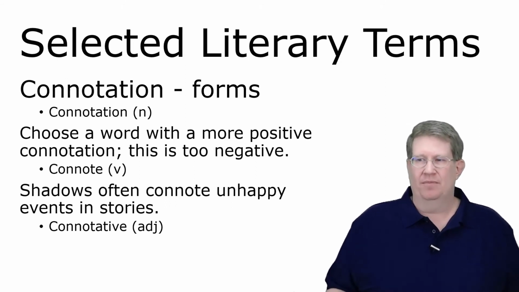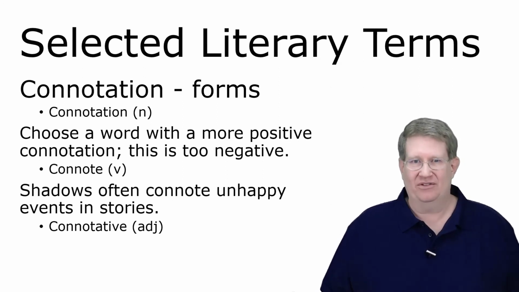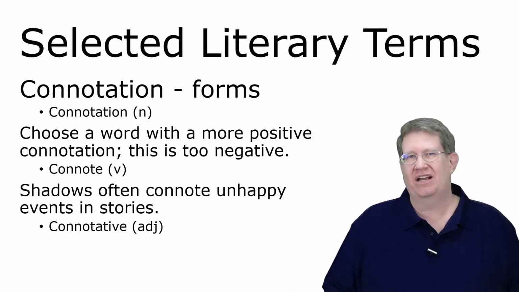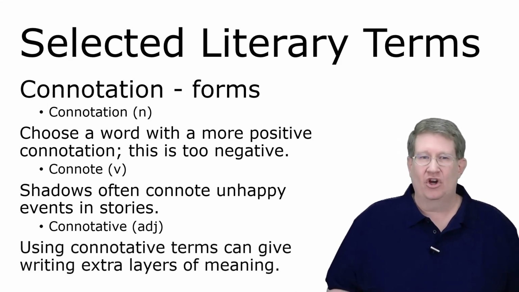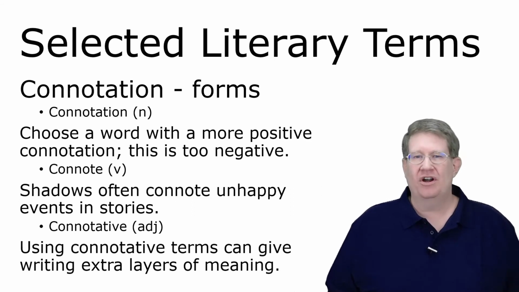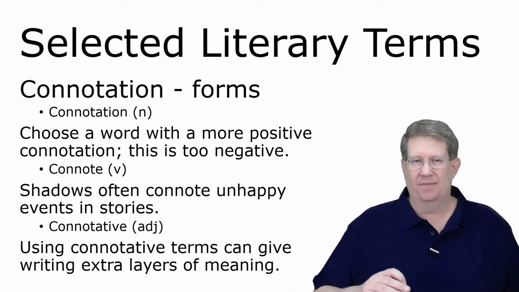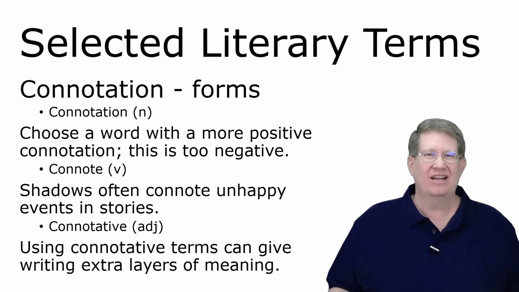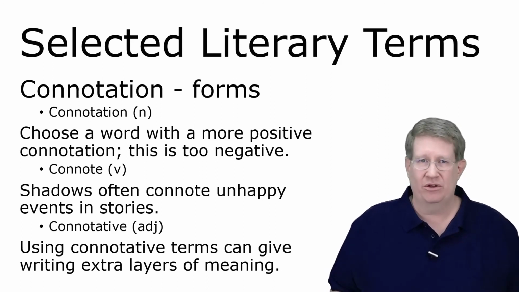So bad things often happen on dark, shadowy, cold, windy days. Why? Well, because the connotation of that kind of weather is quite negative. Connotative. Using connotative terms can give writing extra layers of meaning. Now again, those last two, the verb and the adjective, they're not that common, but I put them in here, so if you hear them now, you will know what they mean.